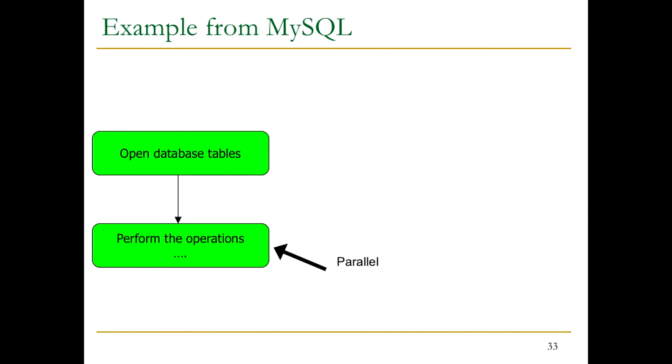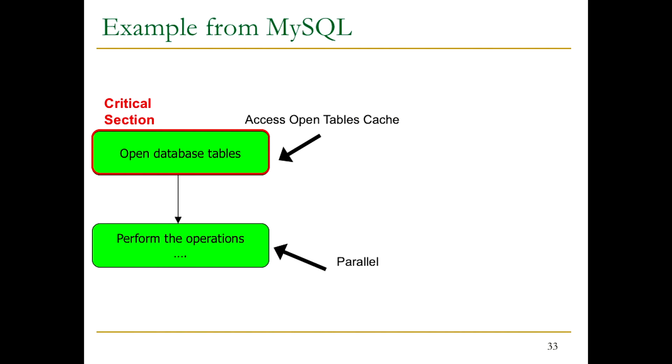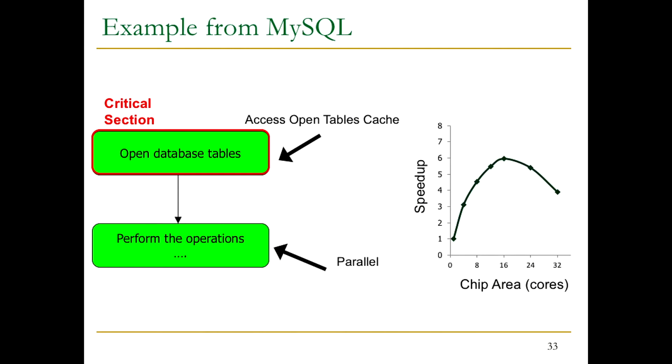Once you have that, you can do very parallel operations. But to be able to get access to those columns, you need to access this cache that's really shared by many threads. And this is a critical section. Now, you can optimize this critical section to be minimal. But it turns out you get limitations because of this critical section.